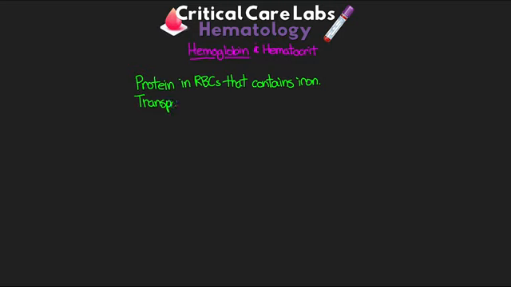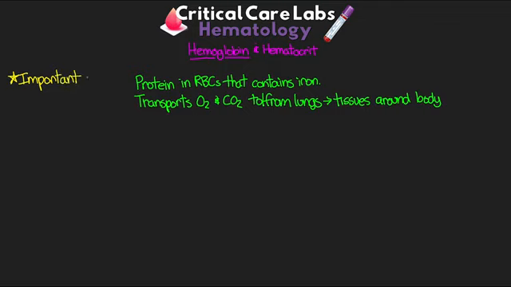It's this protein that helps to transport both oxygen and carbon dioxide to and from the lungs to various tissues around the body. Therefore, the level of hemoglobin plays a really important role in our patient's physiological state. Interestingly, we have adult hemoglobin, which is structurally different than fetal hemoglobin, which I'm not going to talk about here. I'm just going to be specifically talking about adult hemoglobin.